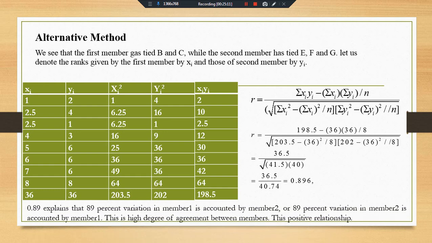More important is the interpretation: 0.89 explains that 89% variation in member 1 is accounted by member 2, or you can say that 89% variation in member 2 is accounted by member 1. Because we have no concept of independent and dependent variable here, this shows that there is a high degree of agreement between the two members, member 1 and member 2, and moreover this is a positive correlation between member 1 and member 2.